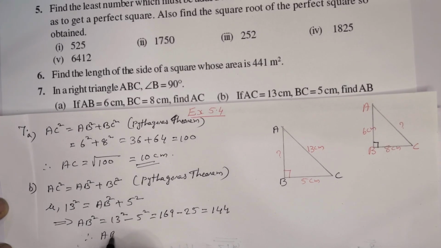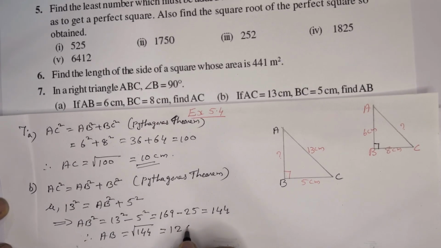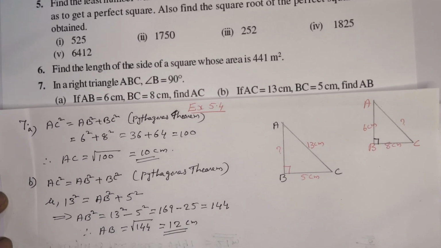Therefore, AB is equal to root of 144, that is equal to 12 centimeters. So, AB is equal to 12 centimeters.